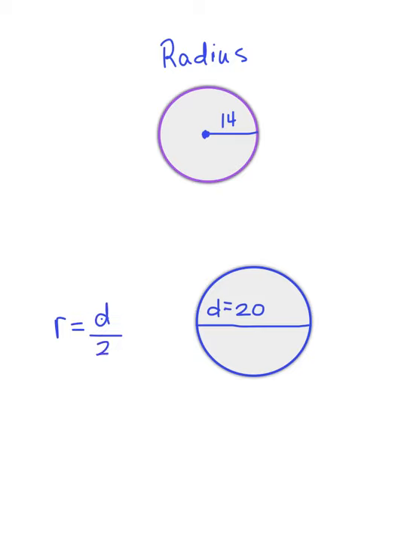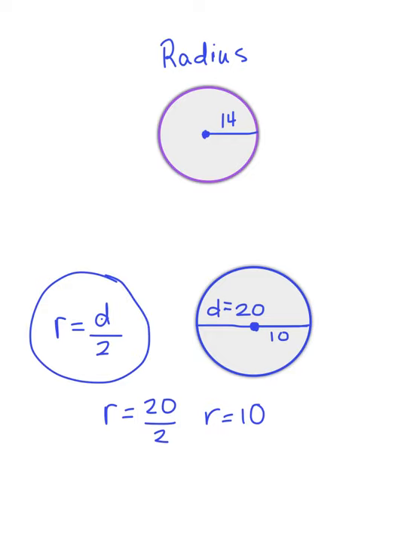So if they tell you that the diameter is 20, they just want you to take the 20 and divide it by 2, which is 10. So the radius, from here to here, this portion would be 10. So all that you're doing in those cases is just dividing it by 2. So if they ever give you a diameter and want the radius, this is the formula that you're going to use: the diameter divided by 2.